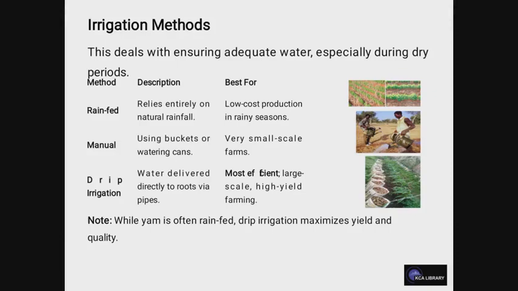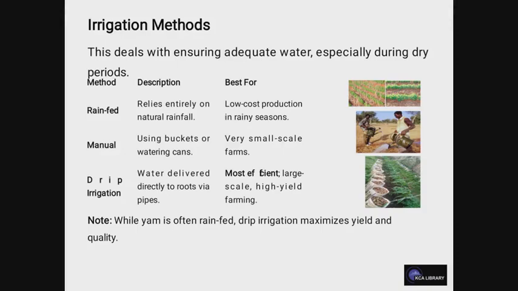The rain fed relies entirely on natural rainfall, and it is best for low cost production in rainy seasons. And we have the manual one, which is using buckets or watering cans to water the yam that has been planted. It's best for very small scale farms.